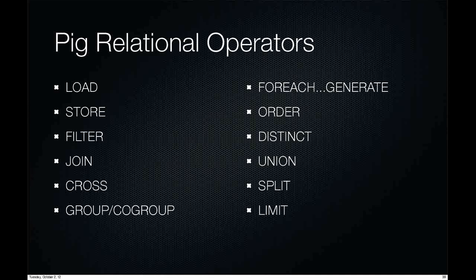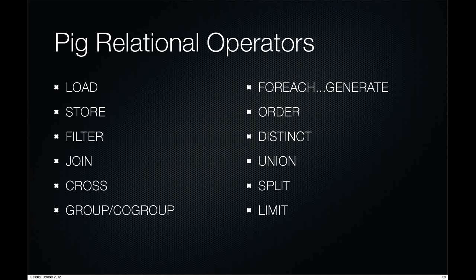Group and co-group. Now, co-group is something unique to Pig. I won't go into the details of it, but it basically allows you to do grouping without having an aggregation, right? So most group bys want you to have an aggregation. Co-group kind of lets you sidestep that a little bit, but what it does is it creates more like the output of list agg instead of a group by, right?